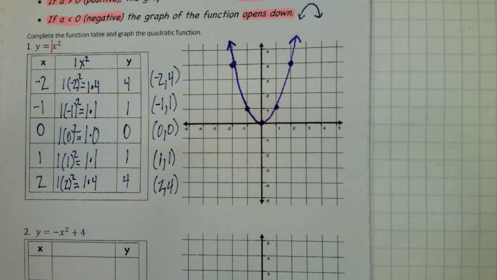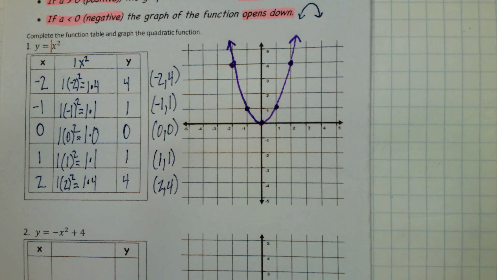Okay? It's going to be one of these. The name of that shape is a parabola. Yeah, I know, it sounds kind of weird. Parabola. You got to get used to it, though. Satellite dishes are based on this. Lots of things in nature are based on this.